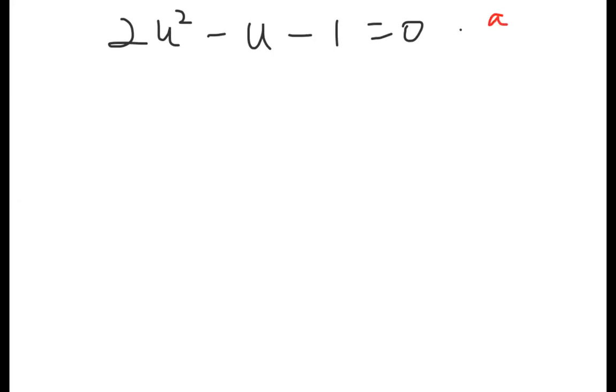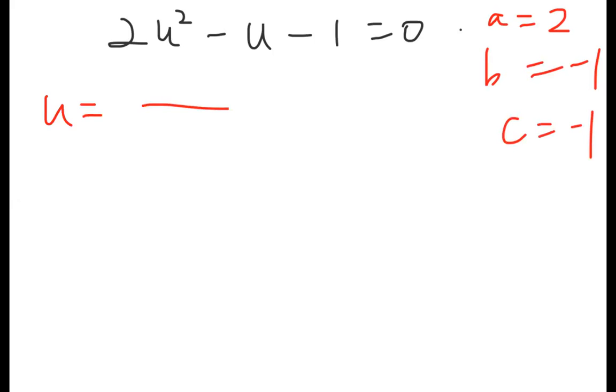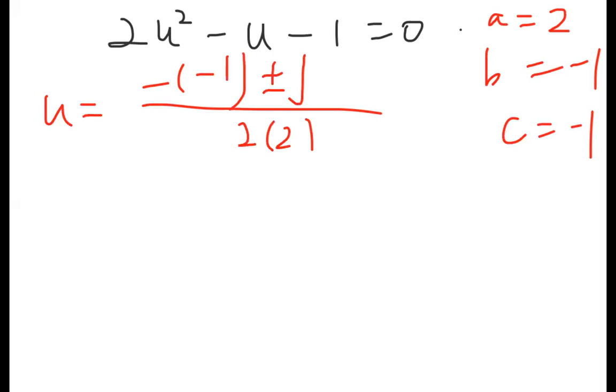In this case, a is 2, b is minus 1, c is minus 1. So u is equal to minus b plus or minus the square root of b squared minus 4ac, over 2a.